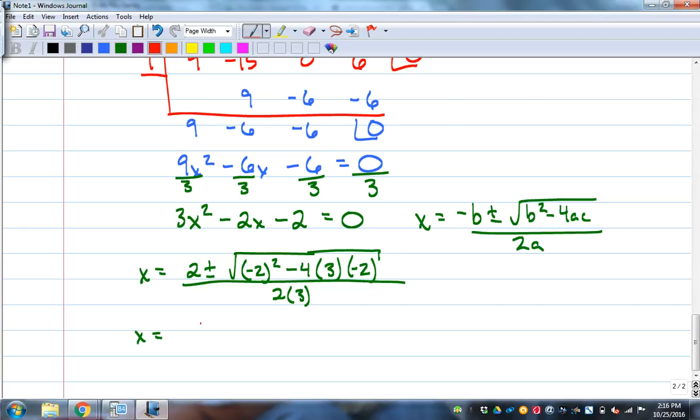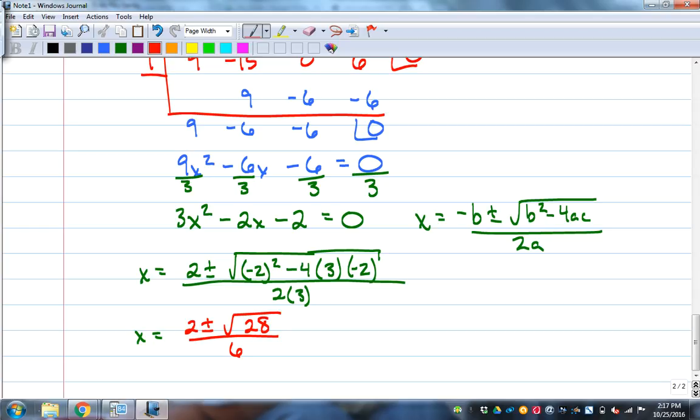I'm going to work that out. 2 squared is 4, and then I have negative 12 times negative 2 is positive 24. So that'd be positive 28 inside of the radical and over 6. I've got to simplify that.